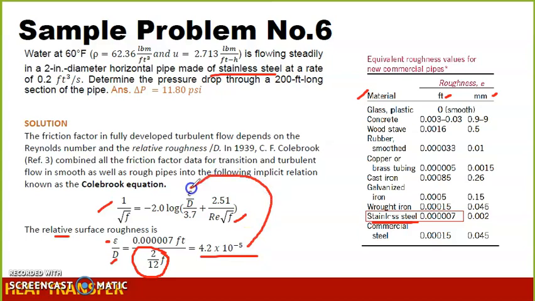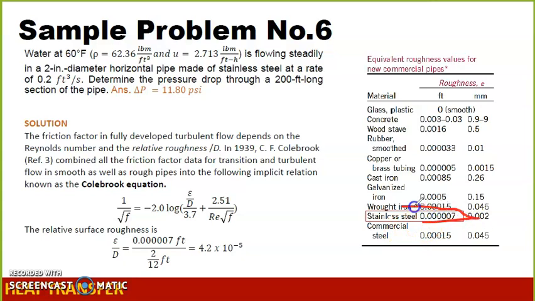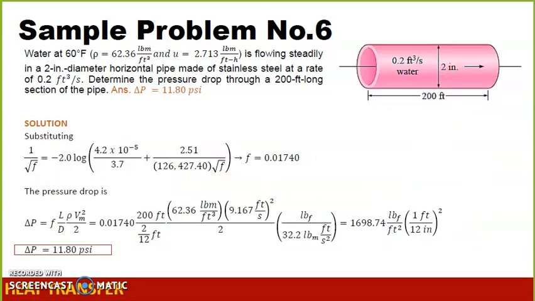Substitute this value here, then substitute also the Reynolds number. Solving for f using shift solve in the calculator, the value is actually 0.0174. So it's almost the same.